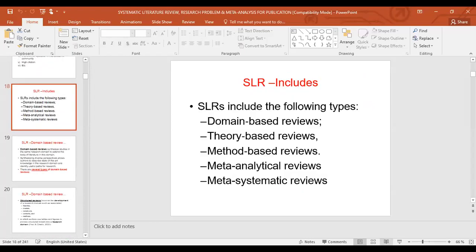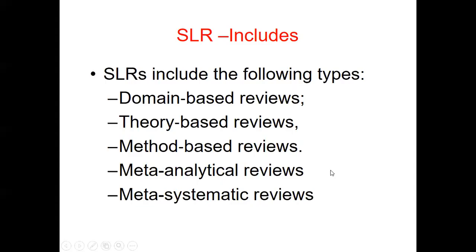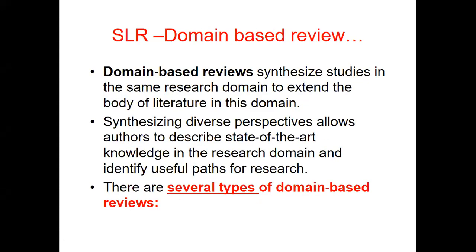Right here. So these are the domains. I mean, these are the systematic literature review types. So the first one, as we said, is the domain-based review. Now, this one synthesizes studies in the same research domain.